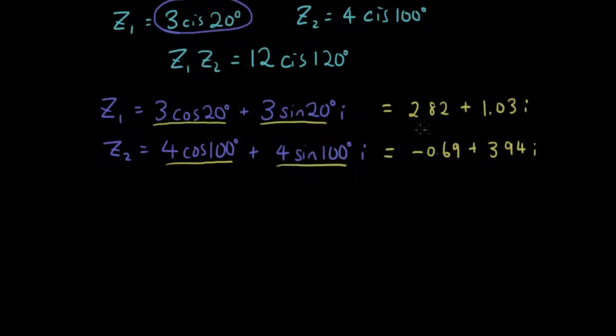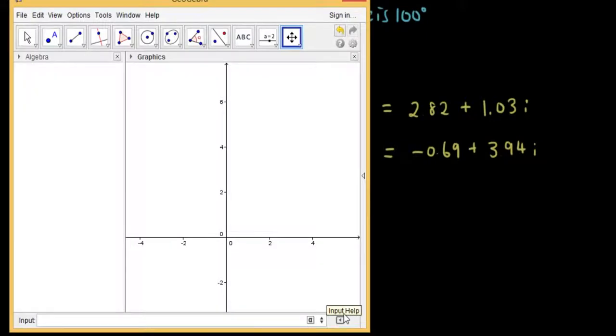What I'm going to do now is enter them into GeoGebra and then try to multiply them together and see what the answer is. So in GeoGebra I have Z1 is equal to 2.82 plus 1.03i, and then I have Z2 is equal to negative 0.69 plus 3.94i, and then I'm gonna do Z3 equals Z1 times Z2.